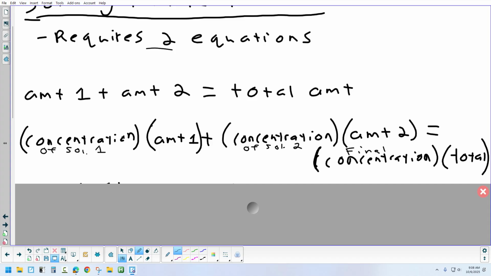And once we set up the two equations, then we're going to have to solve it. So this is called a system of equations because you have two. And does anybody remember from algebra a method that you can use to solve a system? So FOIL is what we generally use when we have to simplify something with the distributive property.